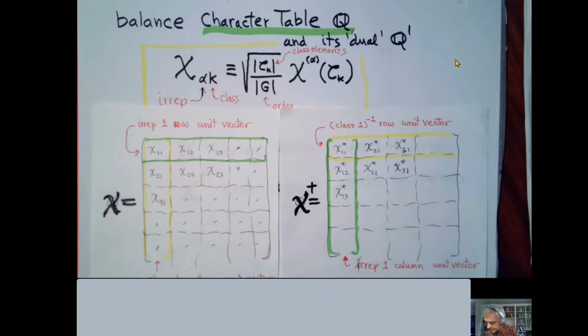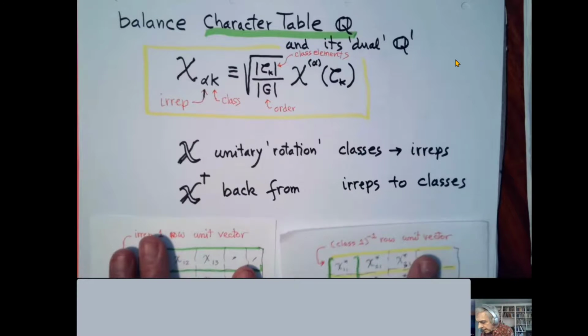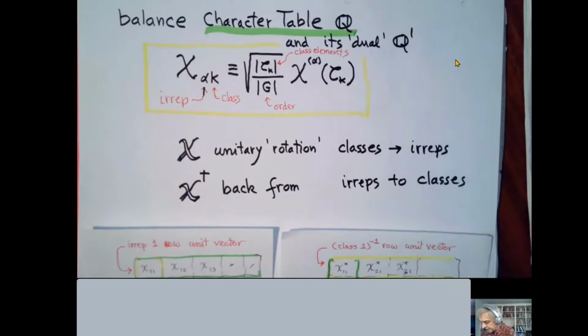And what used to be a column now becomes a row. And in this balanced notation, chi is just a unitary rotation.